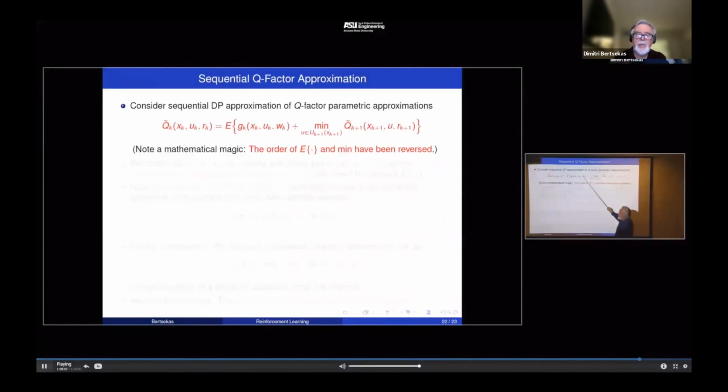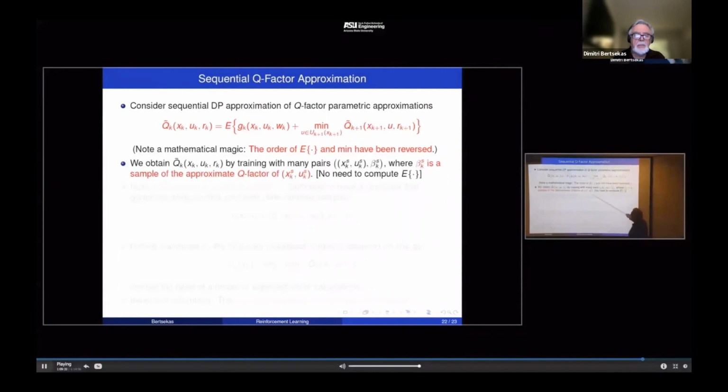I can just use samples of w_k to put together into my least square sum. That's a key mathematical idea in Q learning, using Q factors. That minimization of expectation cannot be sampled easily, but expectation of minimization can be sampled. That's the trick.